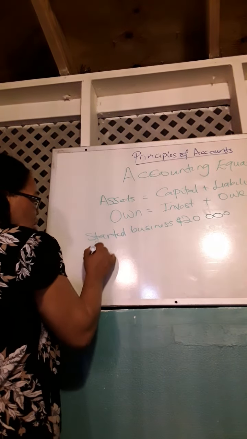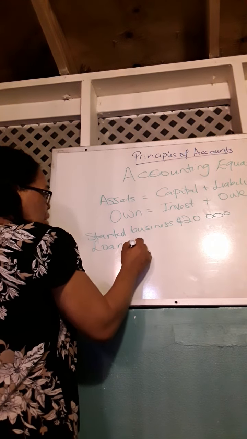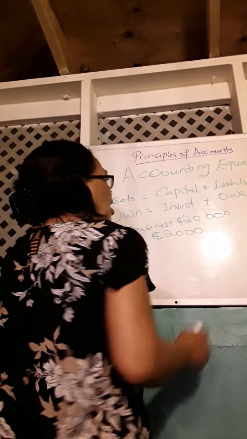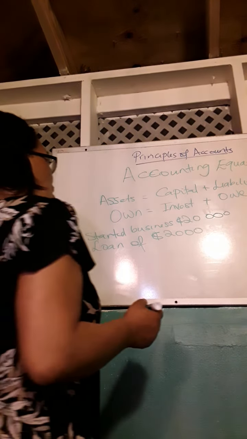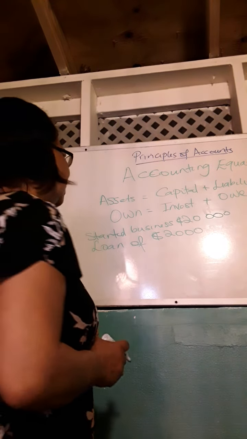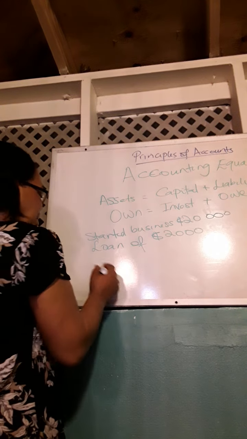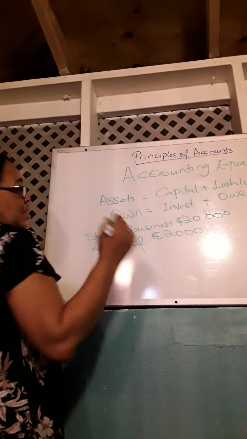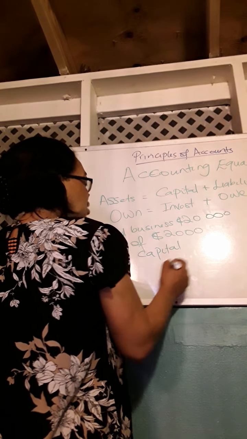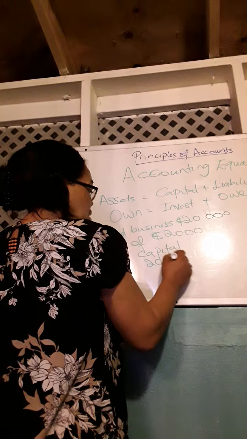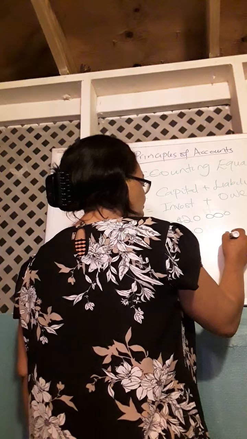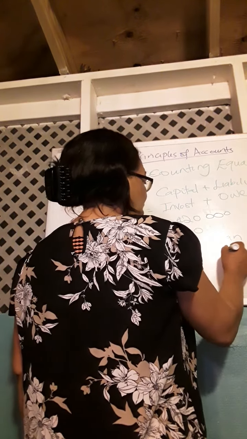I borrow a loan from the bank of $2,000, and I'm asked, so what is the asset that the company has at this time? I do not know my asset at this time, but I know what my capital is. My capital is $20,000, and the loan that I got from the bank, which is my liability, is $2,000.